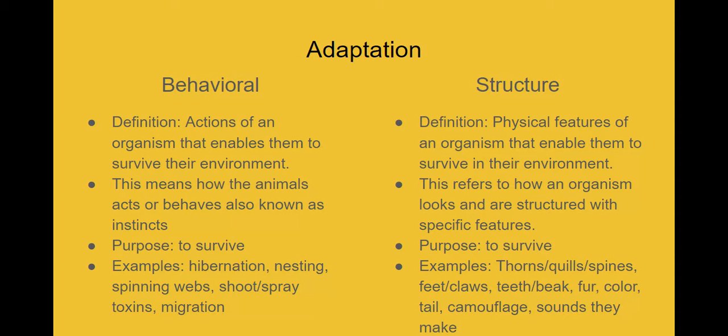This refers to how an organism looks and its structure with specific features. The purpose is to survive. Examples would be thorns, quills, spines, feet, claws, teeth, beak, fur, color, tail, camouflage, sounds, and the sounds they make. All these things work together to ensure the survival of organisms.